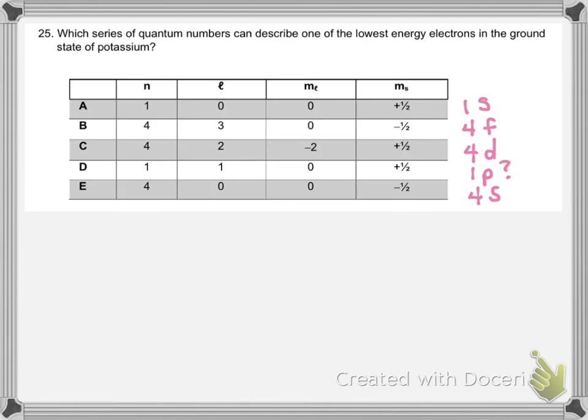Number 25, we are trying to figure out which series of quantum numbers can describe the lowest energy electron in the ground state of potassium.